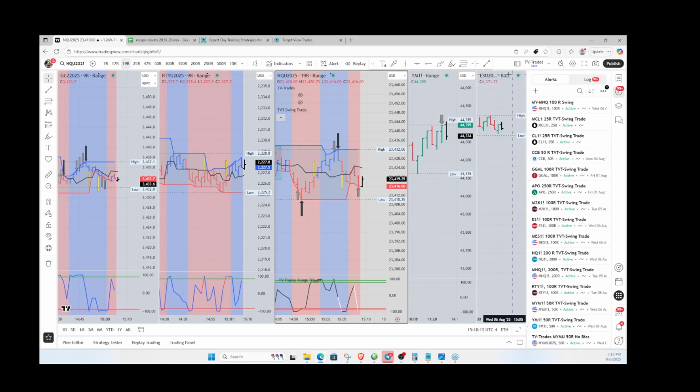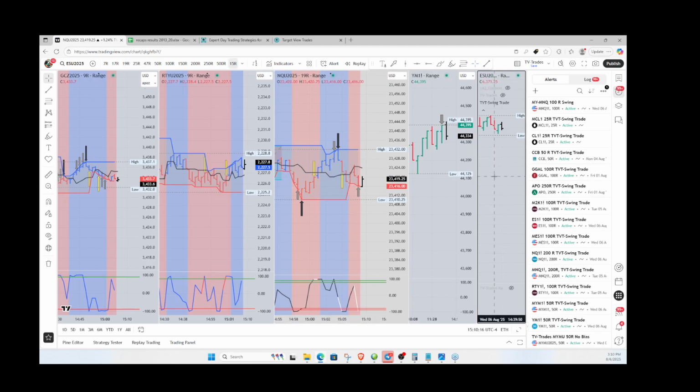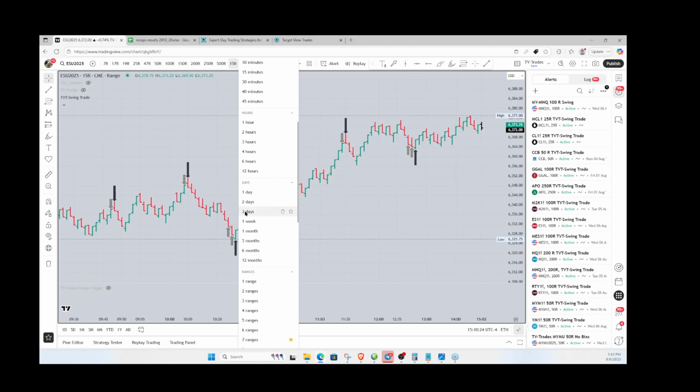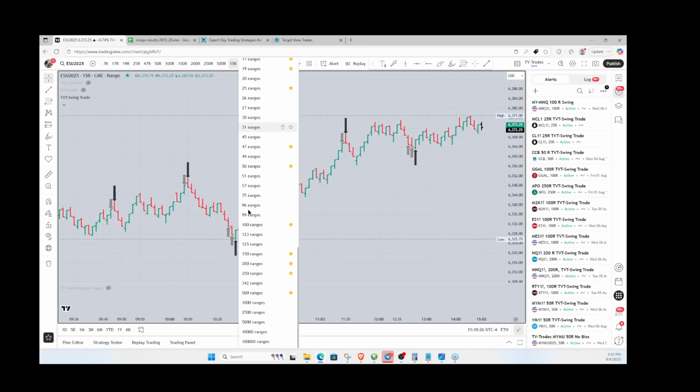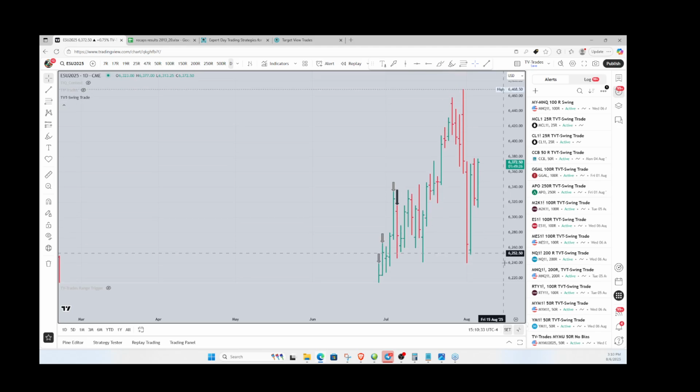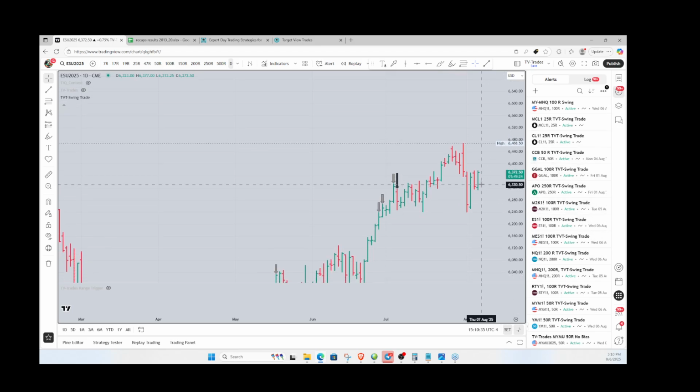What I'm looking at now, let's look at the ES really quick. If you look at the ES on a daily, 1 day. Alright, on a daily, if this bar closes up right here today, then I think we're going to see all-time highs by the end of next week.